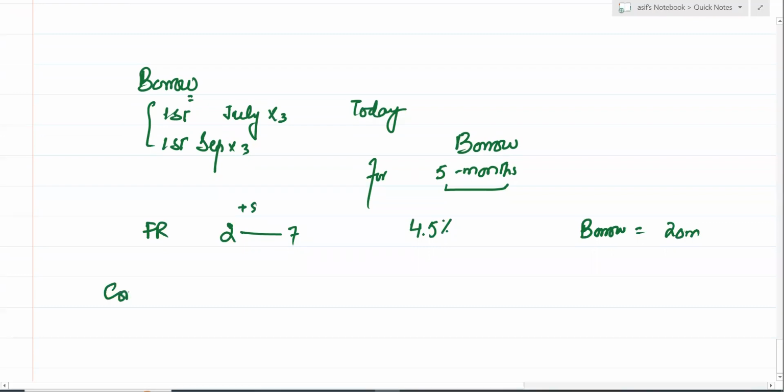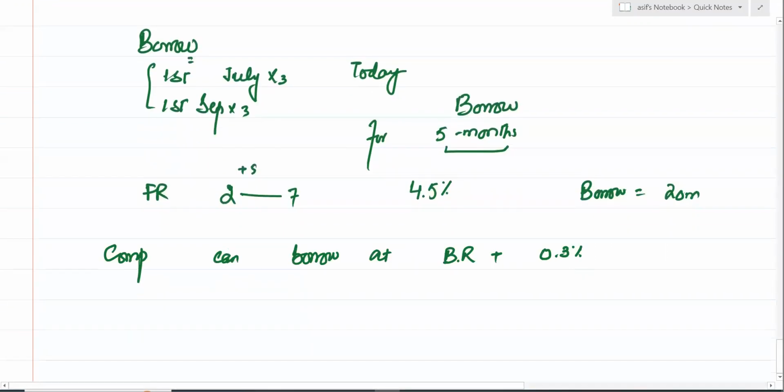And the company can borrow at the base rate or LIBOR plus 0.3%, because you cannot borrow at the official rate. The bank will add some BPS to it according to your rating.